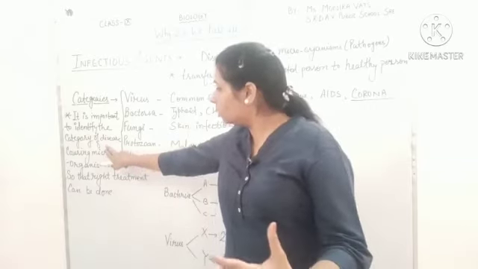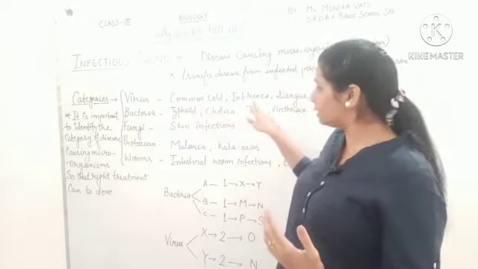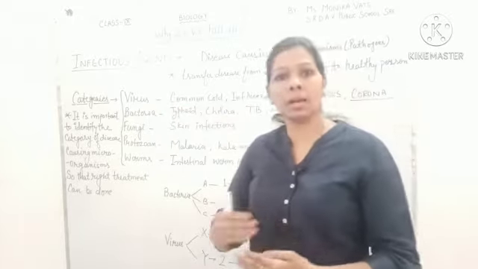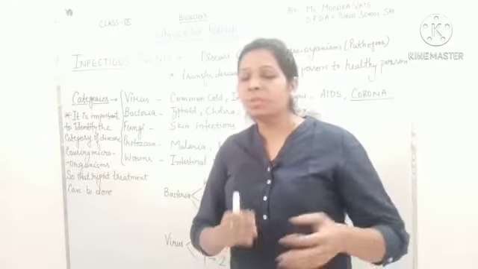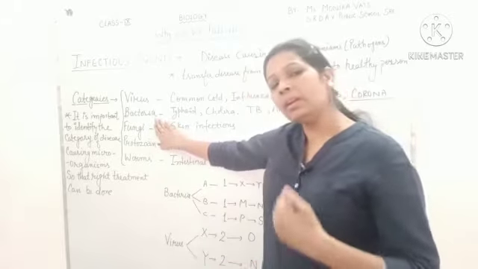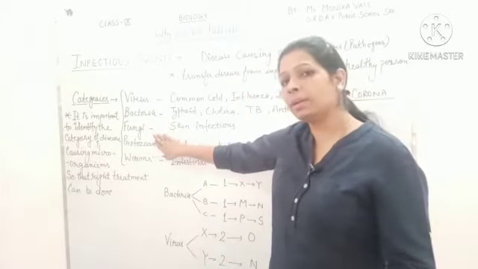I want to discuss one thing: if a virus causes these diseases, then these diseases are caused by a special biochemical pathway which is carried out by that virus. Bacteria carry a different biochemical pathway. Fungi carry a different biochemical pathway.